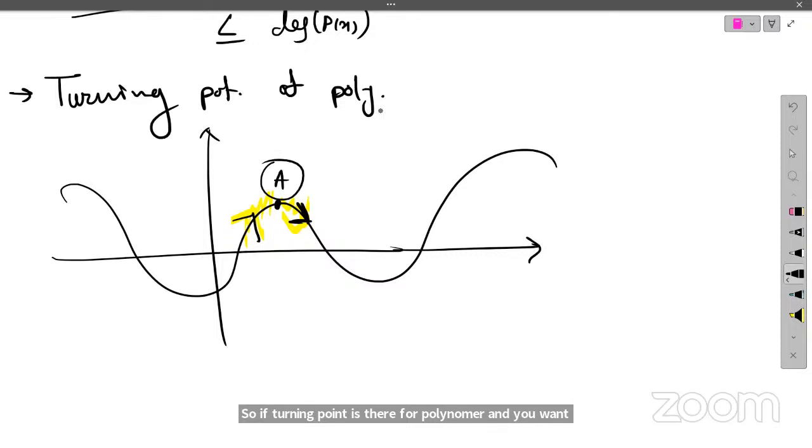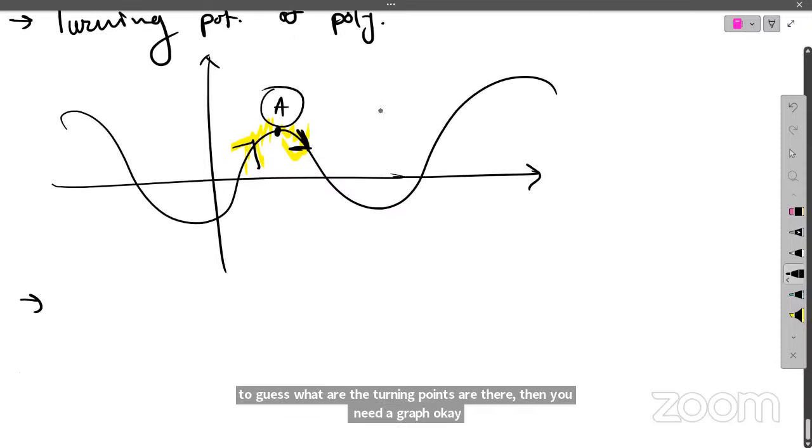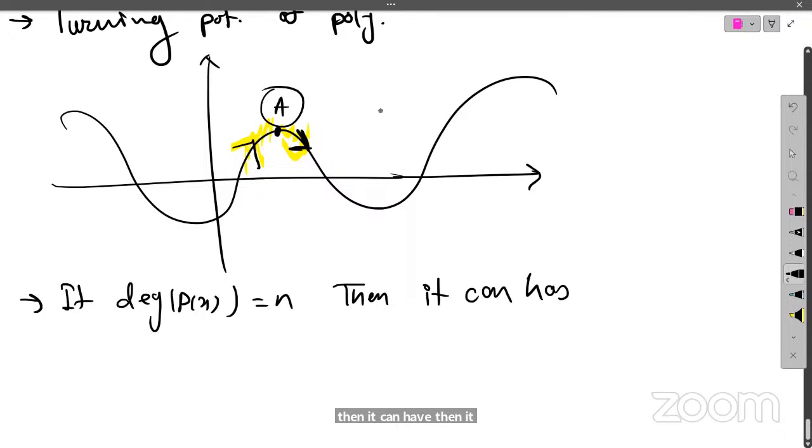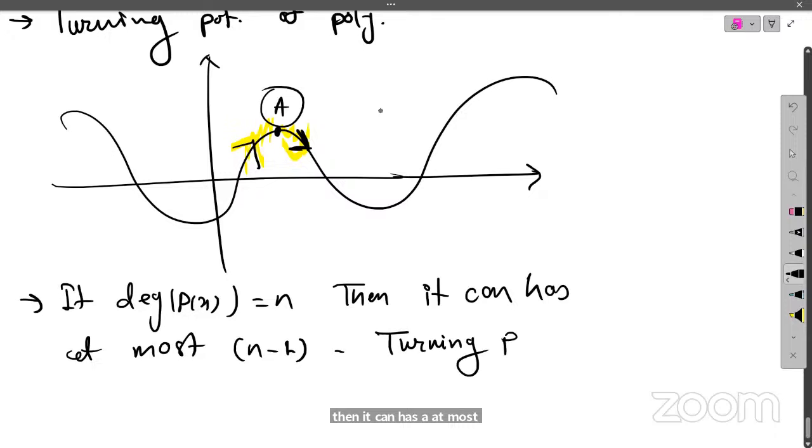Okay. And another thing: if we have an n degree polynomial, so if the degree of the polynomial is n, then it has at most n minus 1 turning points.